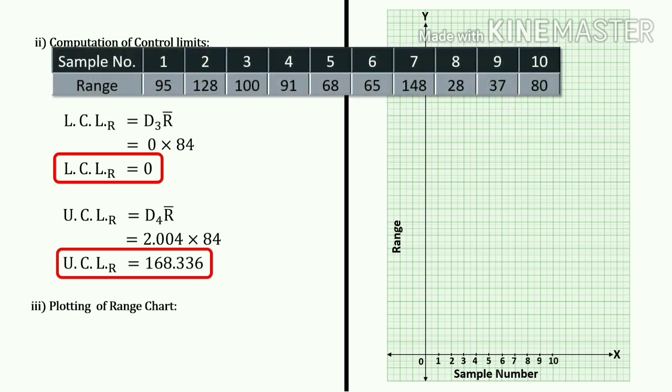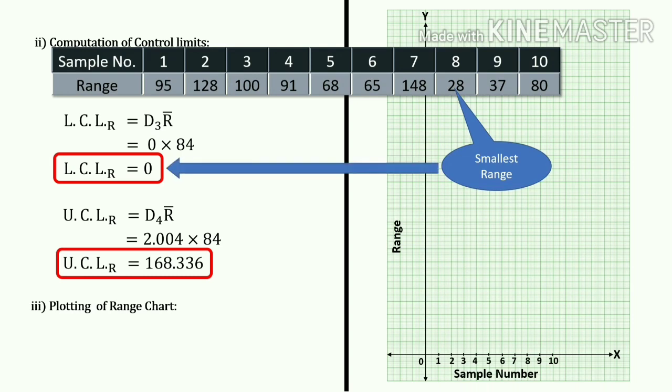Now to decide the value of range or limits on y axis, we have to consider the smallest and largest value of range in the given data and lower and upper control limit. In the given data, the smallest value of range is 28 and lower control limit is 0.